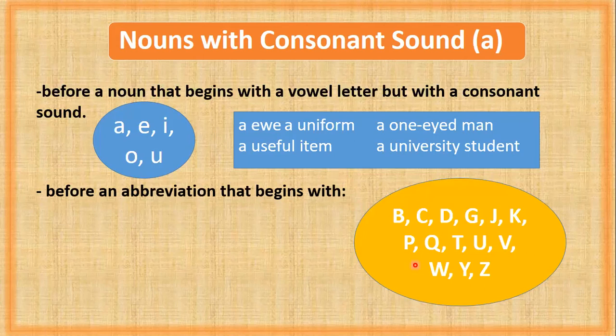By abbreviation here we mean the short form. For instance, in front of BA student, BA, that is Bachelor of Arts, we are using the article a. Similarly, in front of VIP, very important person, the indefinite article a is used because B and V both of them have a consonant sound.